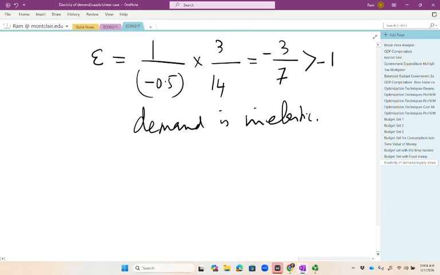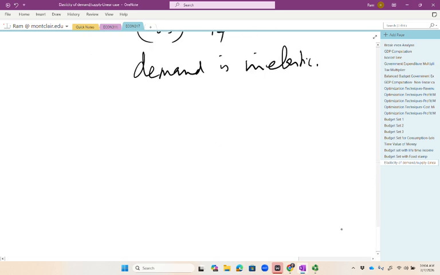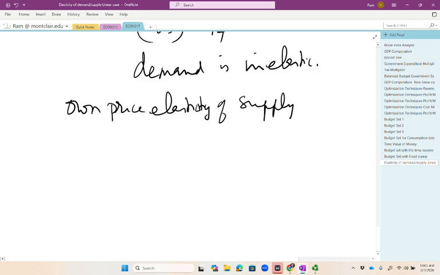The third part is where we want to look at the own price elasticity of supply. And again, it is the same formula.